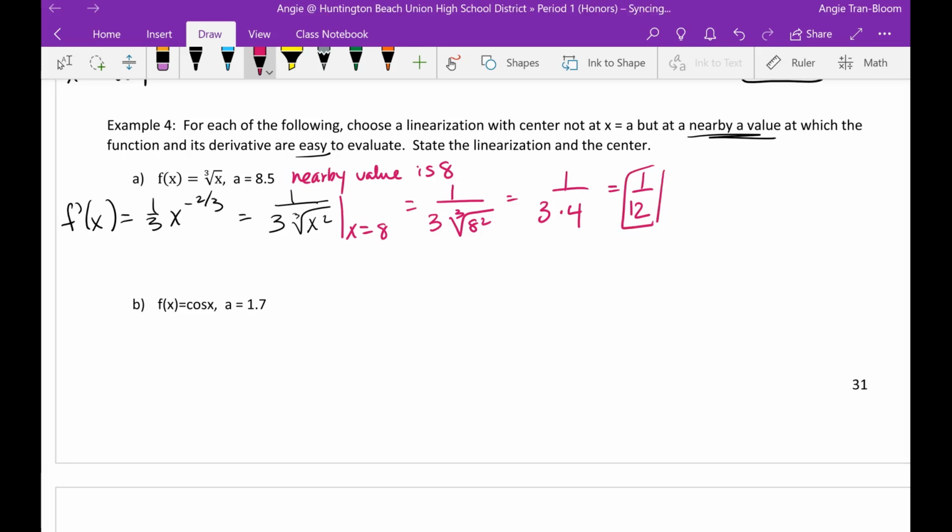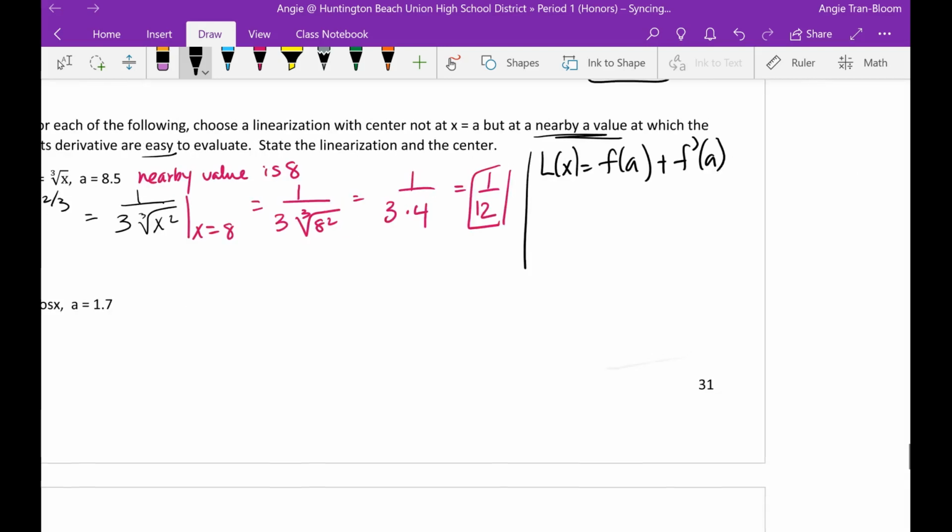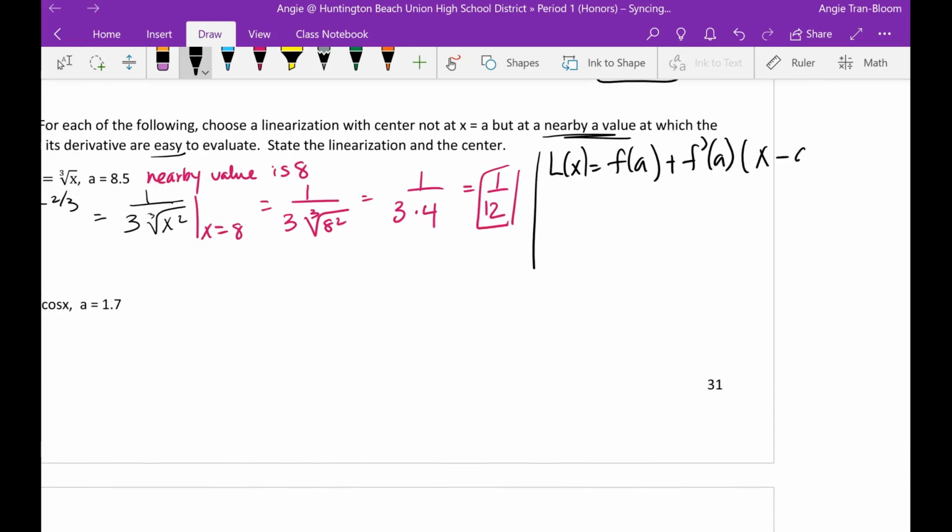But it also says choose the linearization. So what that means is I need to use my linearization formula. So L of x, remember this, equals f of a plus f prime of a times x minus a.